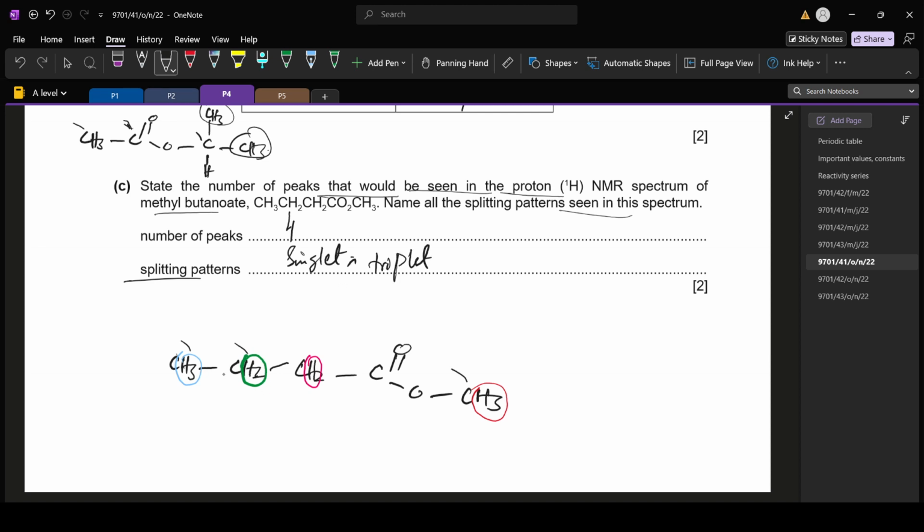And due to this, these hydrogens will have a quartet or multiplet. You can say multiplet, because on the adjacent carbons there are 3 hydrogens here and 2 hydrogens over here. So it will show a multiplet. These will be your splitting patterns.